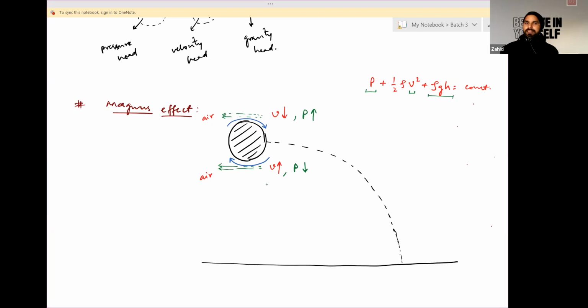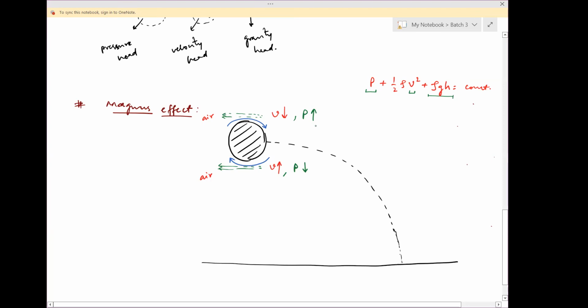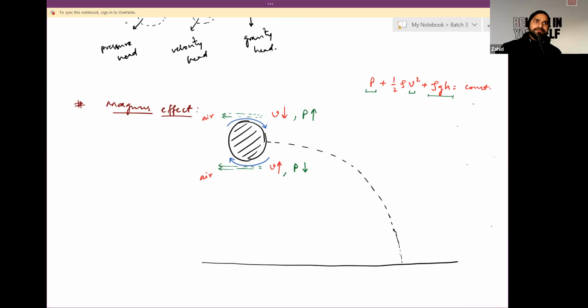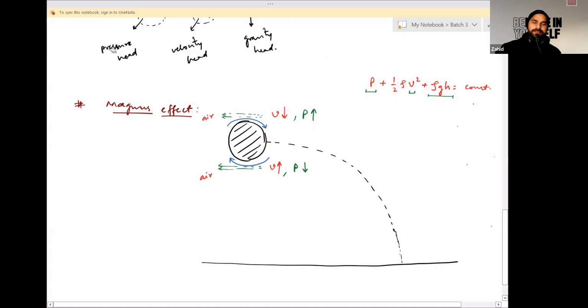Is it clear? Yes. Now just say, in which direction is pressure more, the upper side or the lower side? We have larger pressure towards the upper side and smaller pressure towards the lower side.